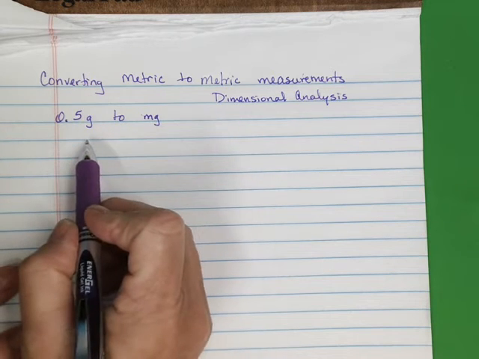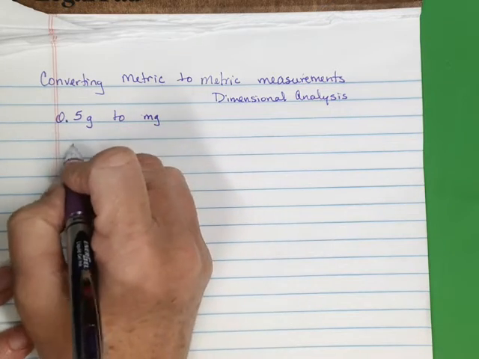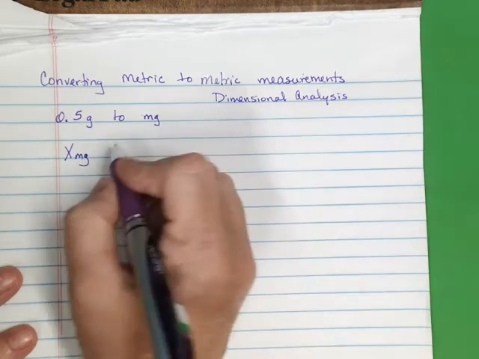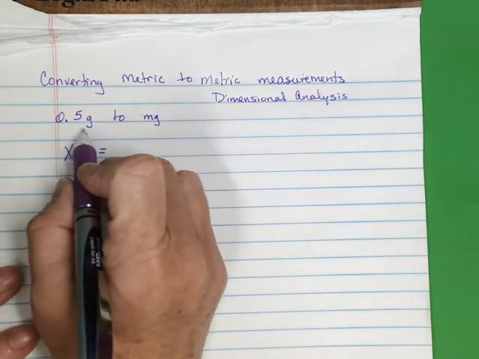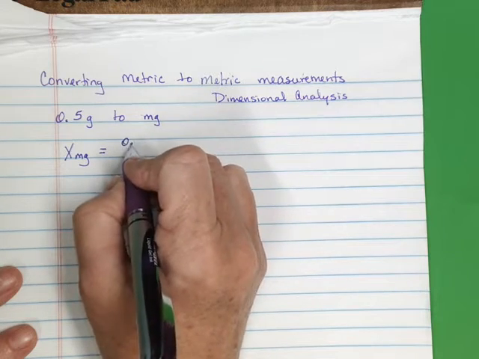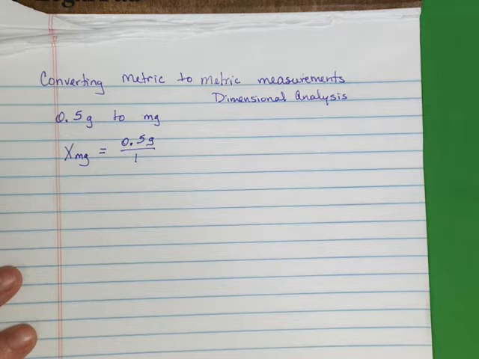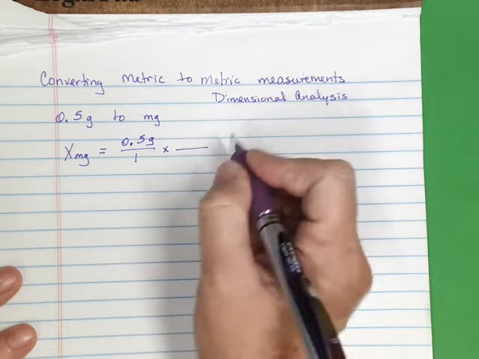So if I have 0.5 grams that I want to convert to milligrams, I'm going to start out with my X milligrams because that tells me where I'm going to end up. I'm going to start with the 0.5 grams, and I'm going to put it all over 1. So it's always what we start with, or what we have, over 1 times where I'm going.